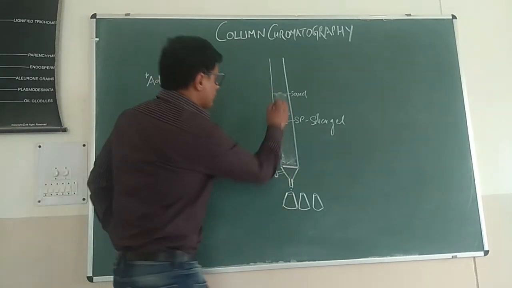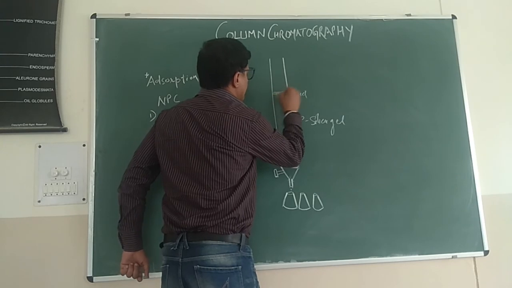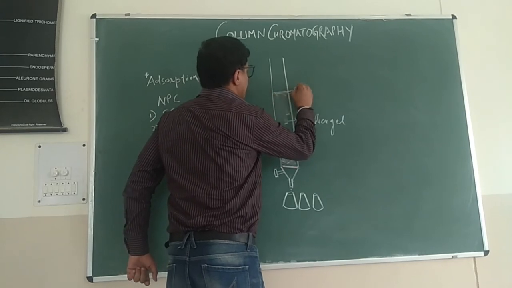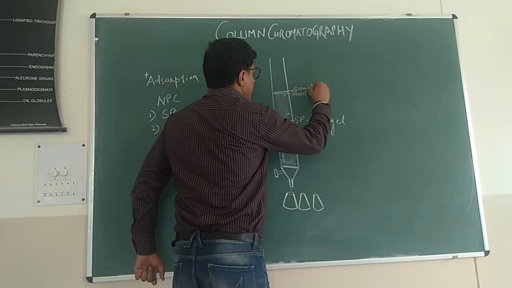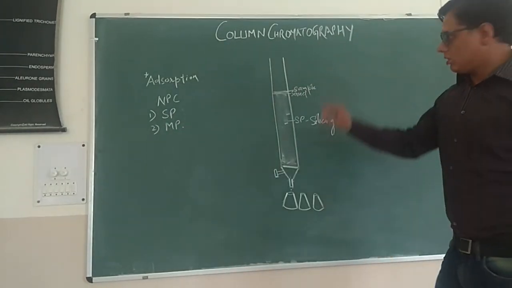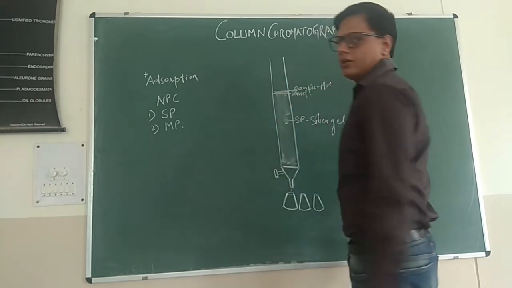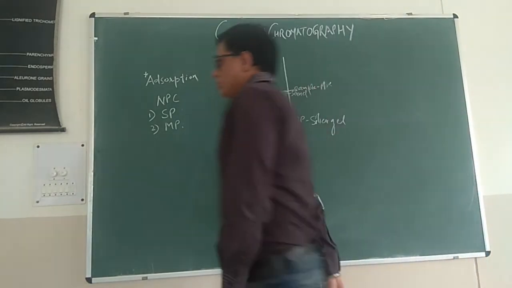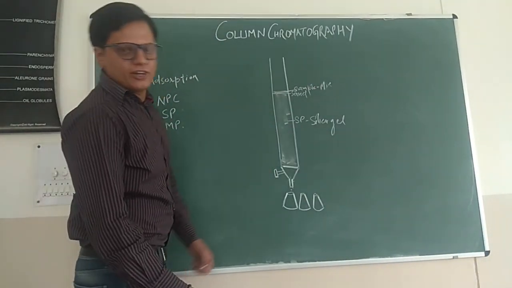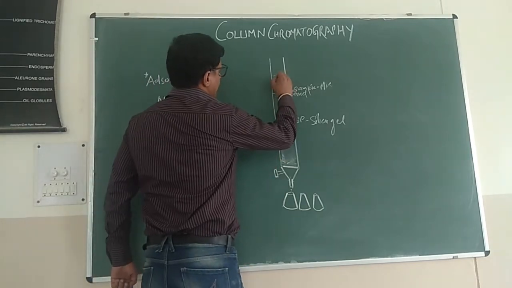Then above the sand layer, you will put your sample. This is your sample, and you know the sample is a mixture. Above the sample, you will put the mobile phase.